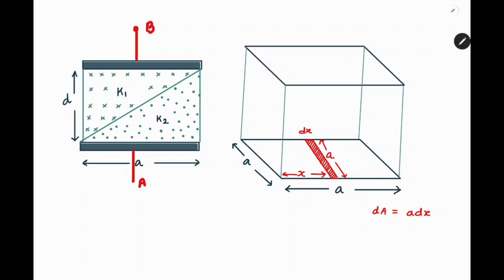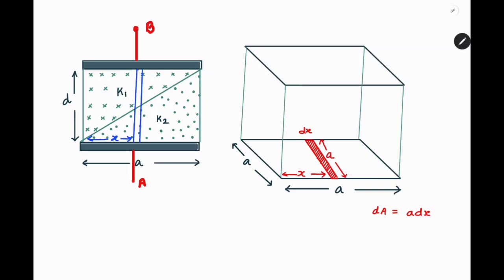If I represent this in this diagram, we can represent it like this. At a distance x, we have selected a patch of thickness dx. This dx looks like this in this plane of the dielectric.